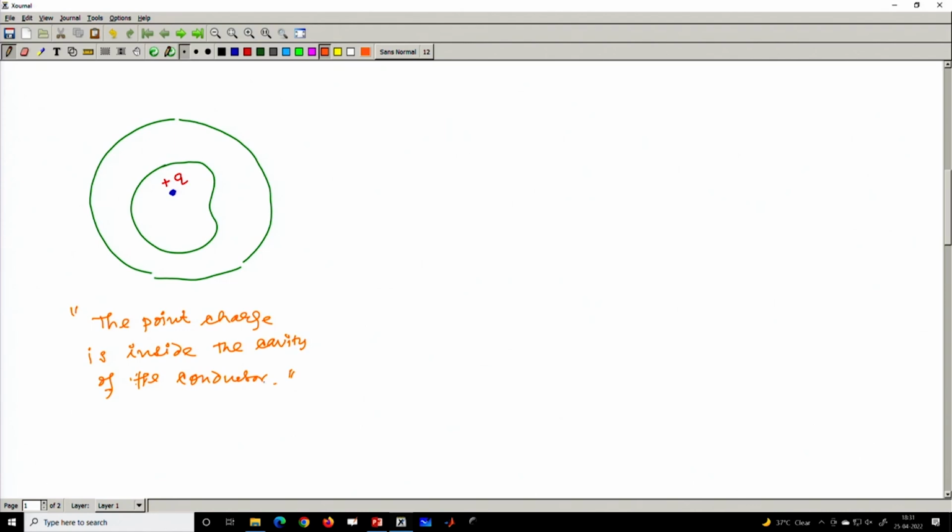Now, the field inside the cavity is not 0. That is the interesting thing we first need to understand.